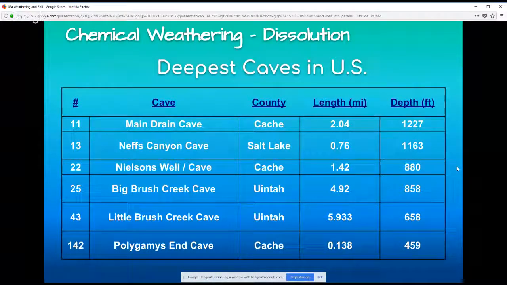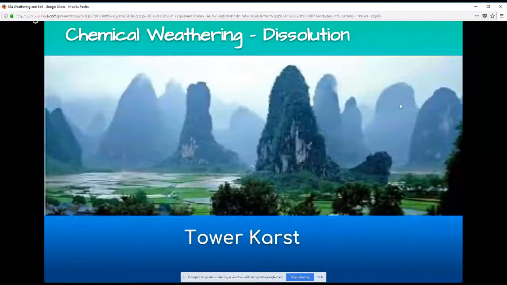Some of the deepest caves in the U.S. are here in Utah, number 11 being Main Drain Cave, over 1,200 feet deep, vertical shafts. Neff's Canyon Cave, Brush Creek Cave, it's in the Uintas, Polygamy's Inn Cave, all fairly deep cave systems. If you dissolve enough material away, you can end up with features like these in China, known as tower karst.